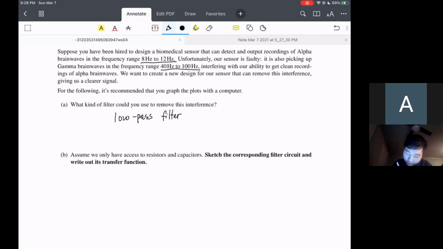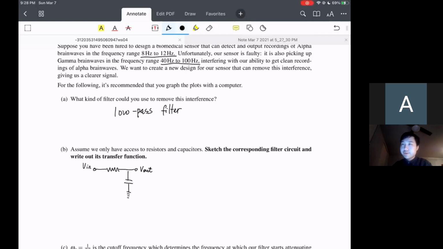So say this is V in, this is V out. We're doing an RC, so the resistor goes first, and then we have the capacitor that's connected to ground. And this is our V out. This will then be our low pass filter. If we reverse the order of the capacitor and the resistor, it's going to be a high pass filter.